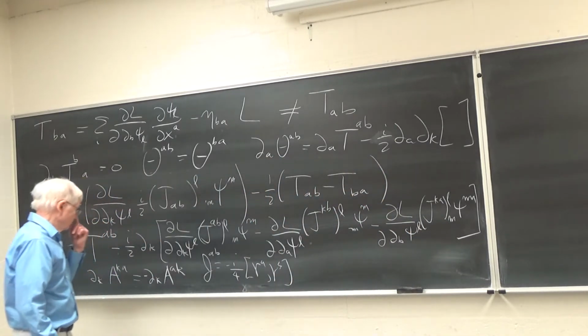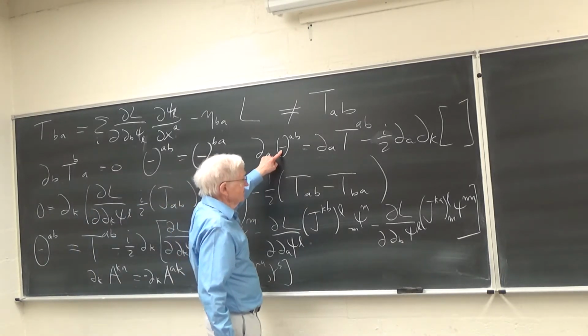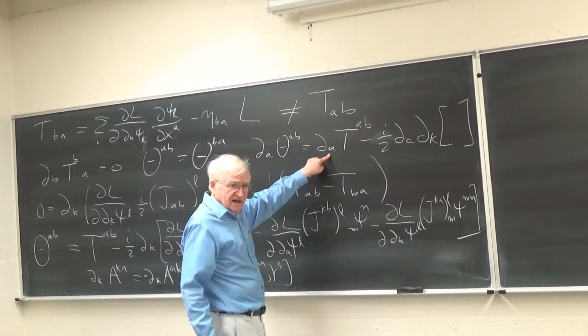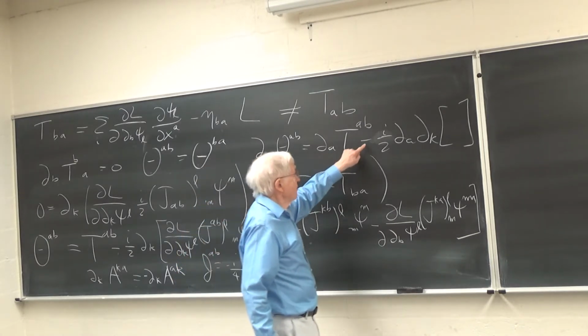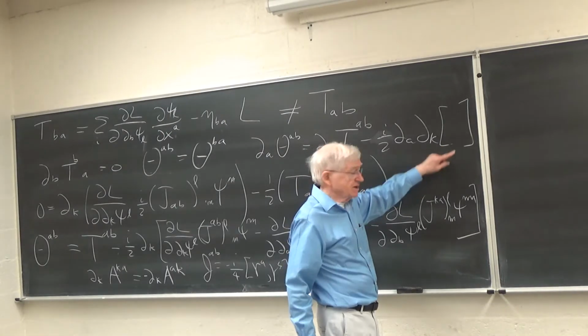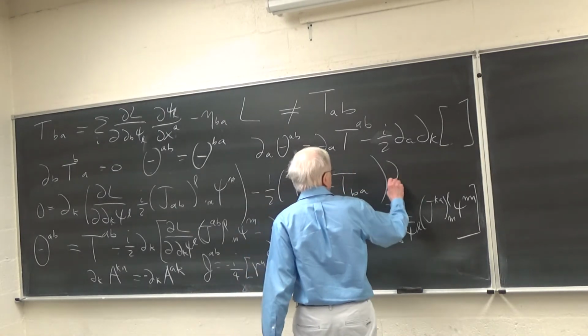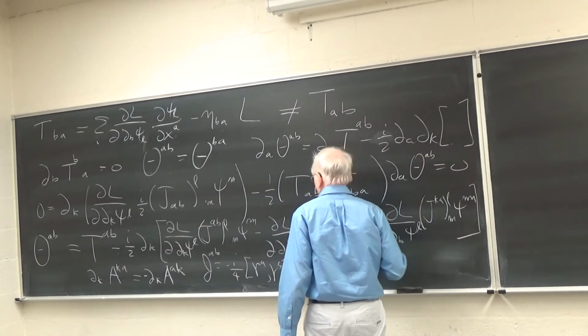Okay, I see. So consequently, the divergence of the Belinfante tensor is the vanishing divergence of the conventional energy momentum tensor minus the symmetric derivative of something that's antisymmetric. And so dA theta AB is 0.